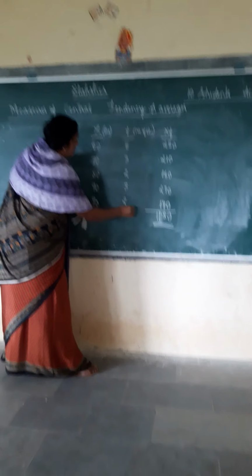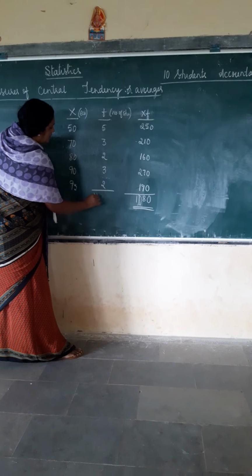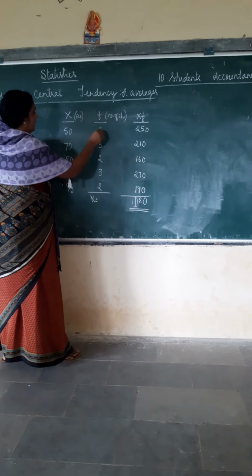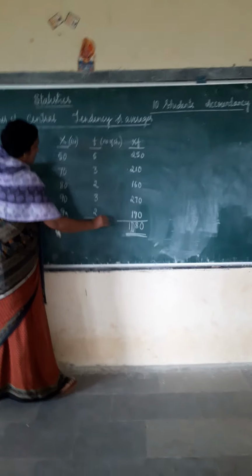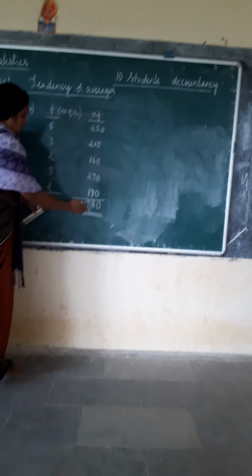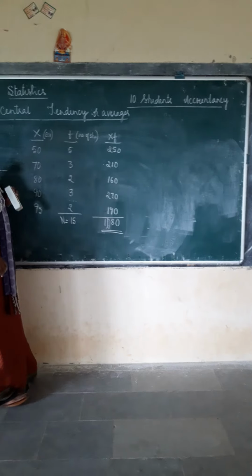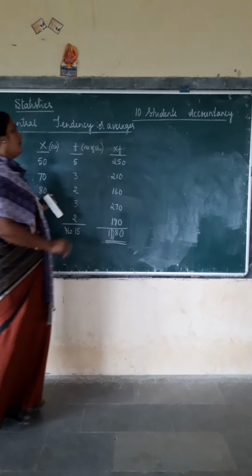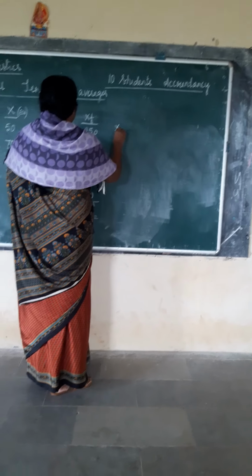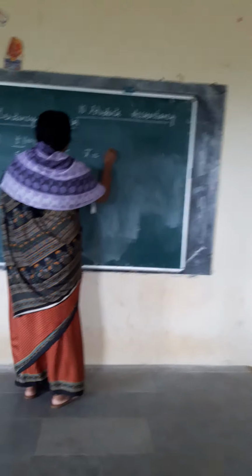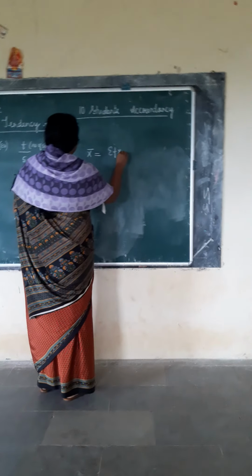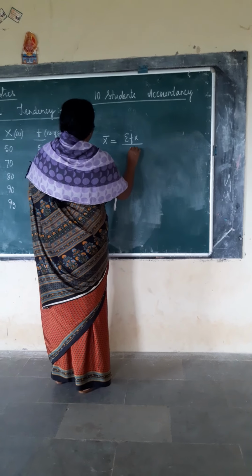Now, what is the number of students, n? That is equal to 5, 8, 10, 13, 15. So, this is the marks scored by the students. So, we have to find out the mean. Mean is equal to sum of f into x divided by n.